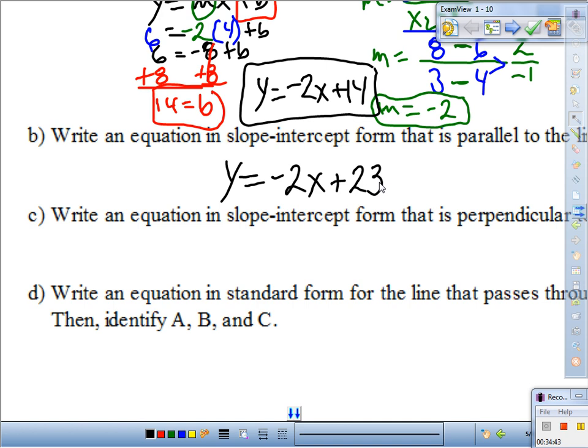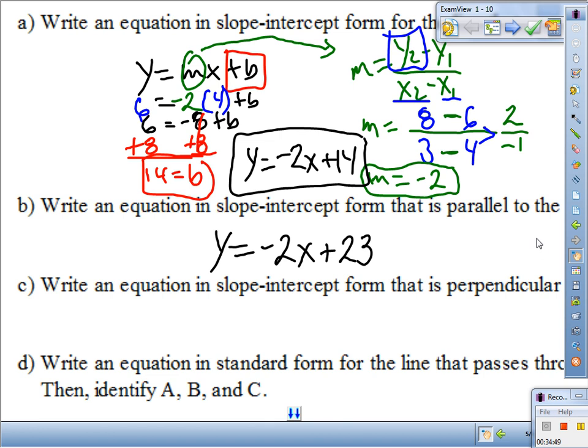I made a mistake where? Supposed to be positive 2? What is 8 minus 6? And what is 3 minus 4? What is 2 divided by negative 1?